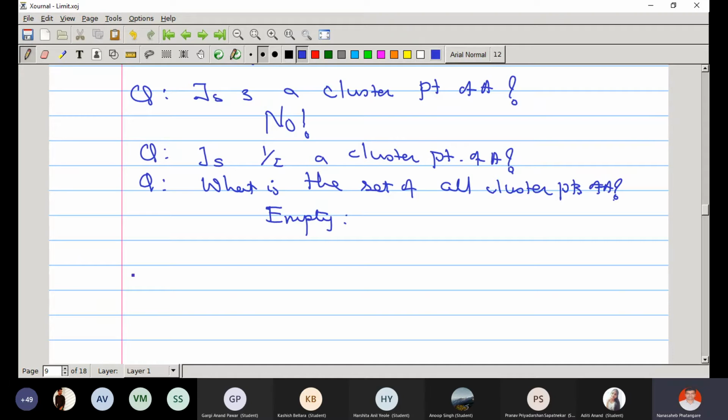Right. And what is the moral of the story? What is the conclusion? Set A equal to 1, 2, 3 does not have cluster point.